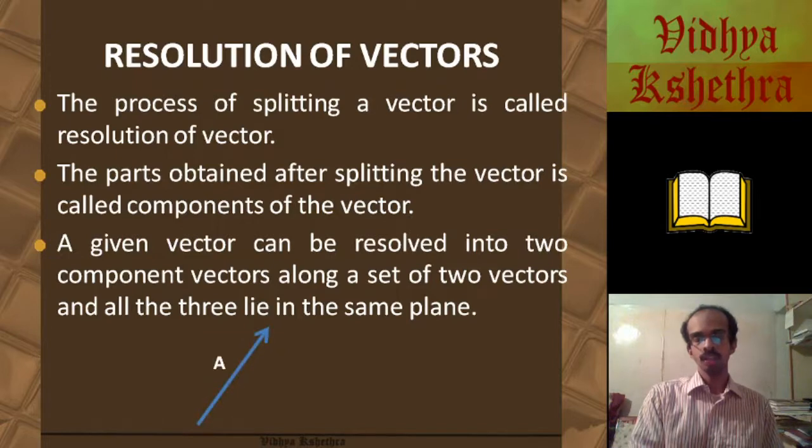Here, we can resolve a vector A into two other vectors, which are lambda A and the other one is mu B. By triangle law of addition, here lambda A plus mu B is equal to A.